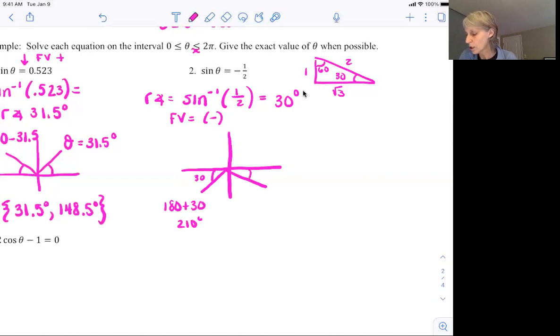So one solution is 210. 360 minus 30. Our other solution is 330 degrees. And we can put it in set notation to be nice and official.